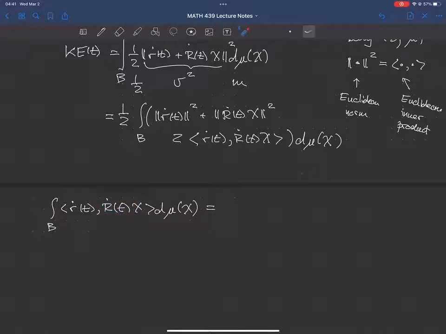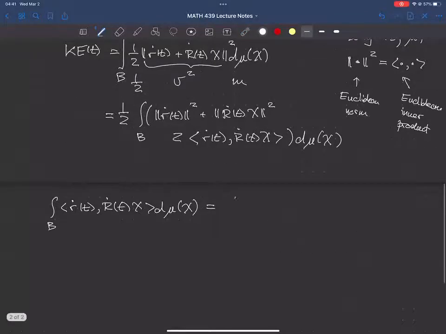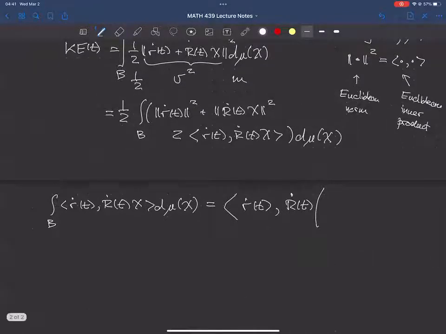Okay, so by linearity of the integral, this is r dot of t, r dot of t matrix r dot of t times the vector, which is the integral over the body chi d mu, like that. All right.